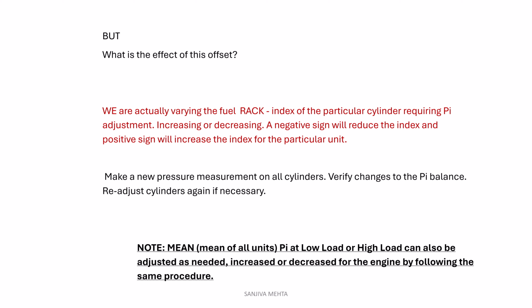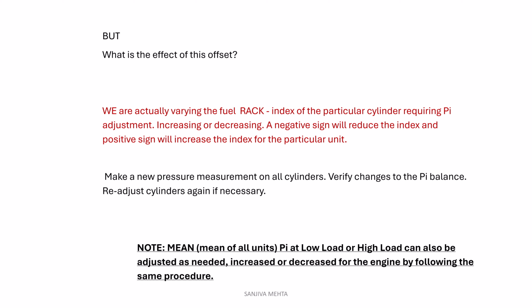Understood? Now, when you are changing the PI, what you are actually doing is varying the fuel rate. You're increasing or decreasing the amount of fuel. That is how the power delivered by that particular unit becomes more or less. This you can do when the engine is running.